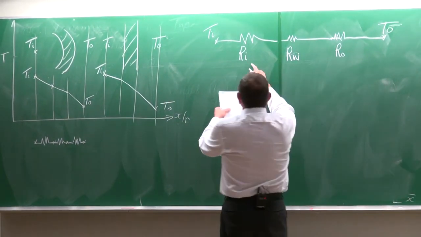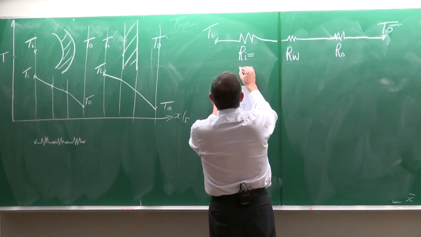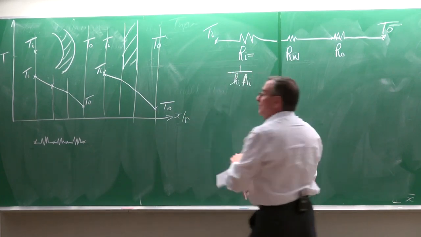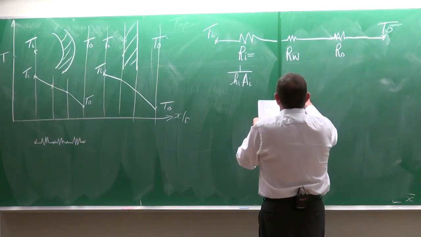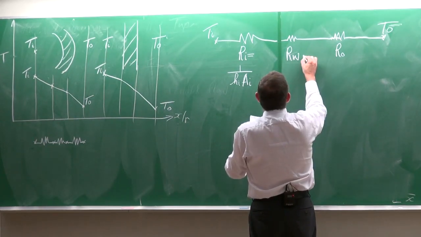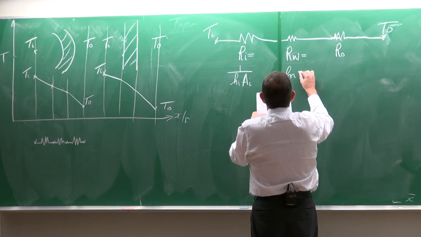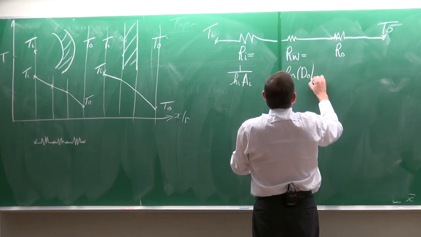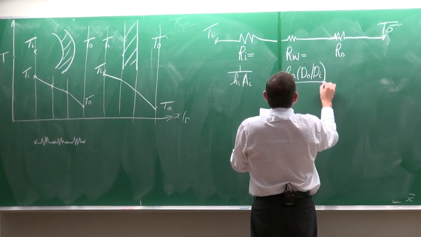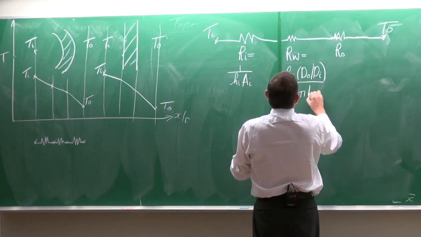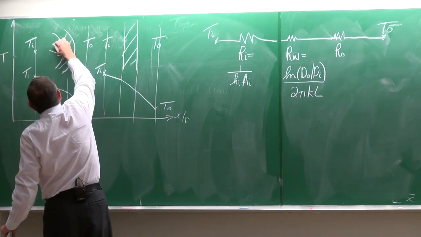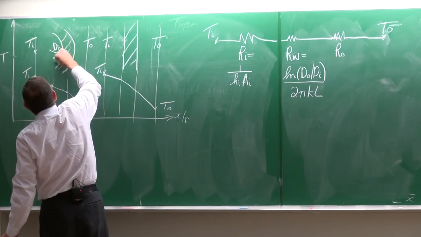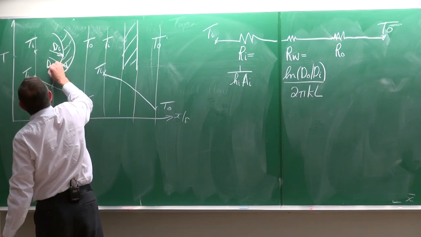The resistance on the inside, I hope you can remember, is equal to 1 divided by the heat transfer coefficient on the inside, multiplied by the surface area on the inside. The resistance of the wall is going to be the ln(d0/di) divided by 2πkL, where that would be the diameter on the inside and that would be the diameter on the outside.